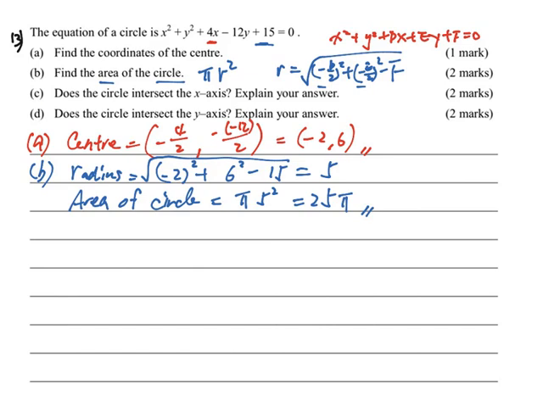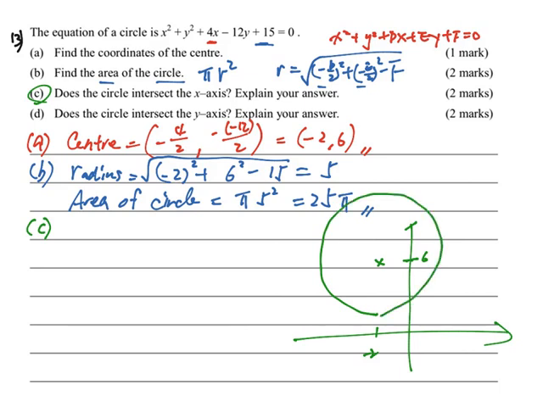Next, we see part C, whether the circle intersects the x-axis or not. For this question, it's better to draw a graph. We can see the center is -2, 6. That means the circle is 6 up, and the radius is 5. So the circle is about like this, with 5 for the radius.